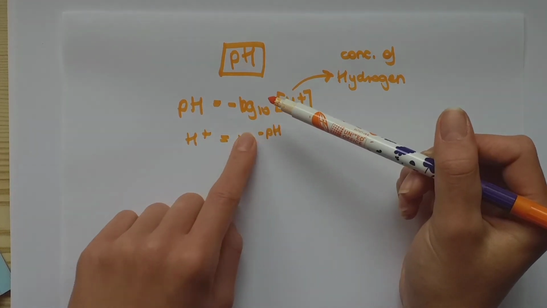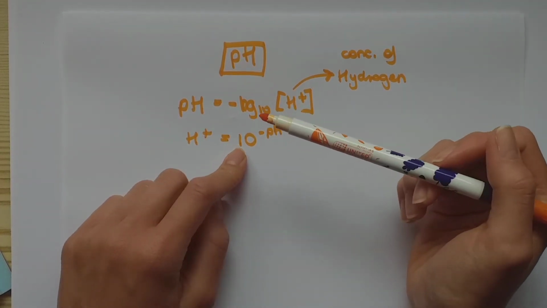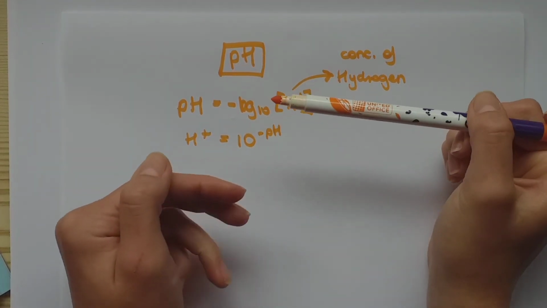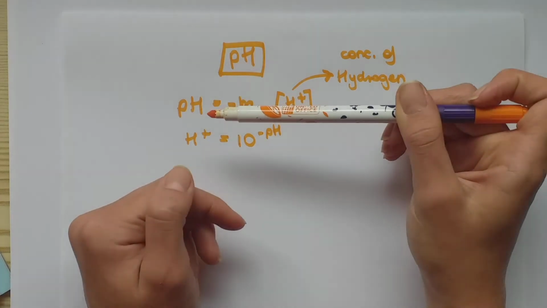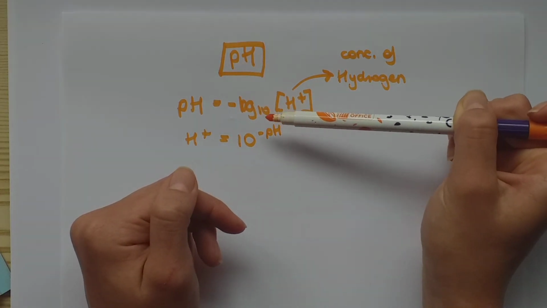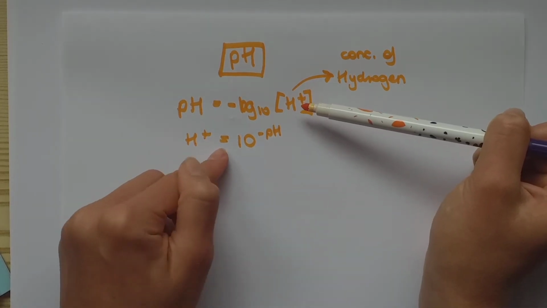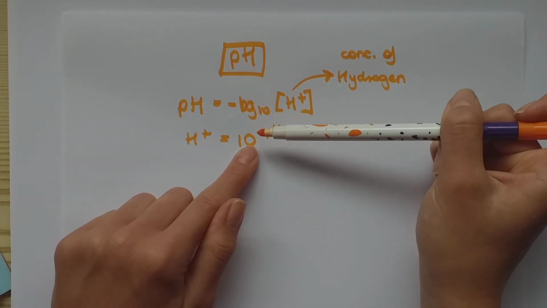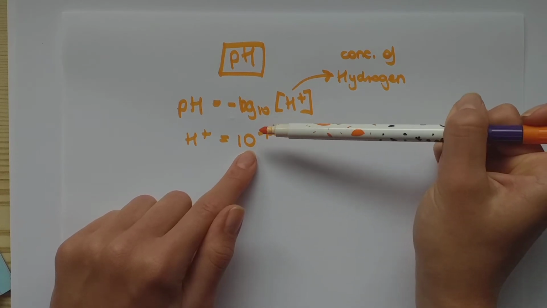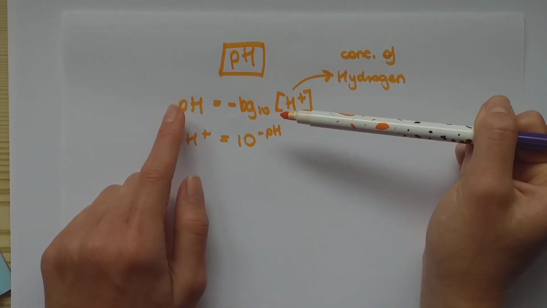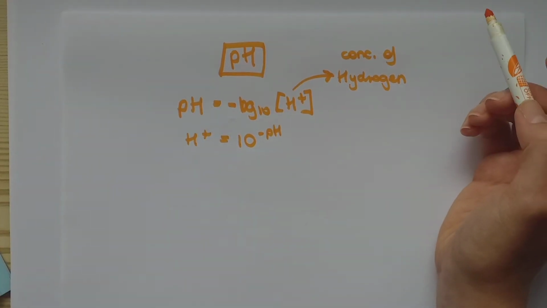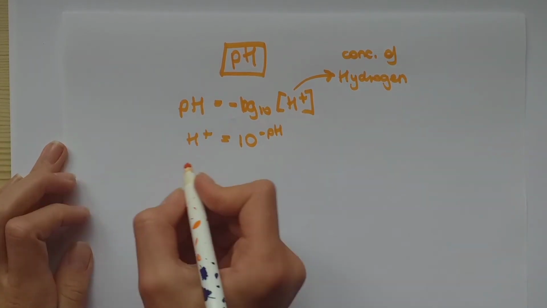This is a maths function, but all you have to know, you can just memorize this: if you're trying to find pH, you put minus log to the 10 of the concentration, but when you're trying to find the H plus, so the concentration, you do 10, always 10, to the minus of the pH you've got. And now I have examples for you.